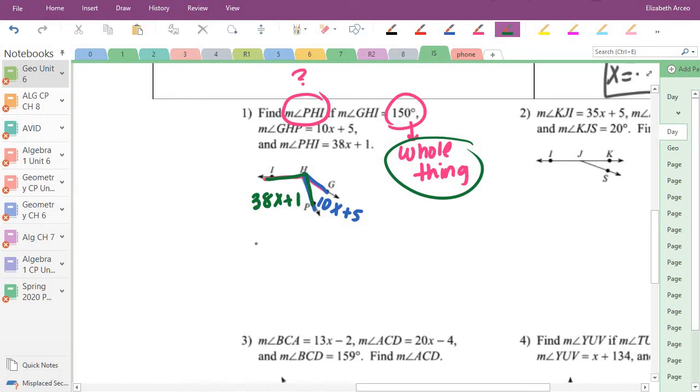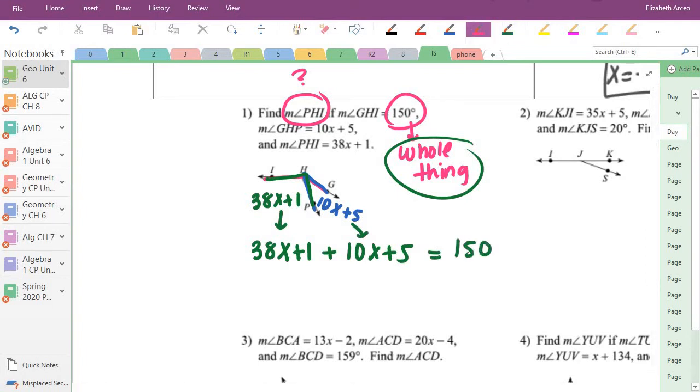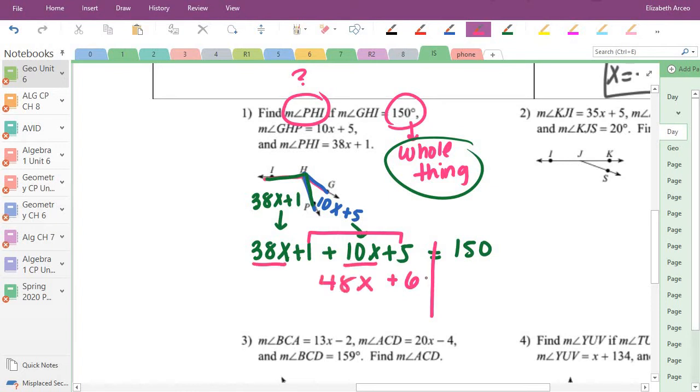So we know how to write the equation out. We know that 38x plus 1 plus 10x plus 5, which is this and this, is equal to the whole thing, which is 150. Okay, now we can simplify. We can combine like terms. 1 plus 5 is 6, and then 38x and 10x is 48x, is equal to 150 degrees.